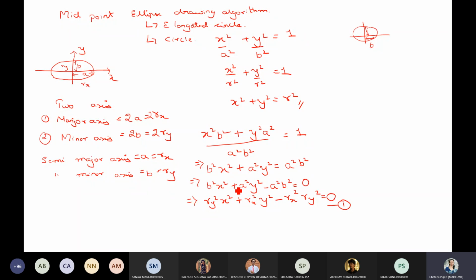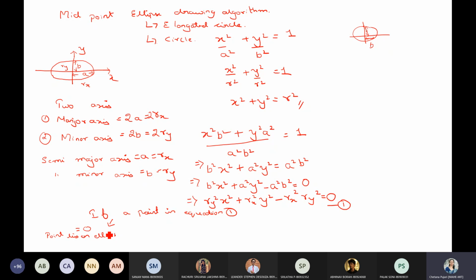Okay, so if a point in equation 1 is equal to 0, which means your point lies on the ellipse.